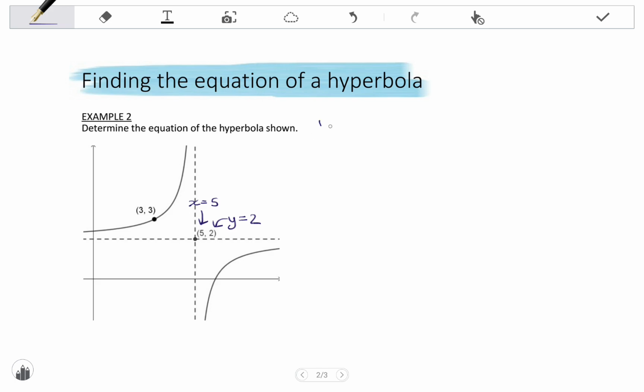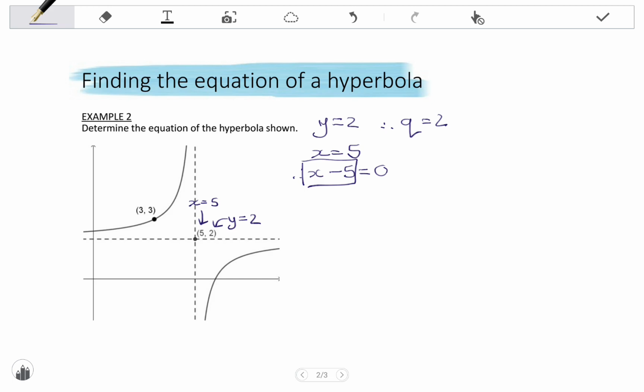So from y equals 2, I have that q equals 2. From x equals 5, I'm going to bring it all to one side, so I get x minus 5 equals 0. Okay, so this is what I write in the denominator of the equation of the function.